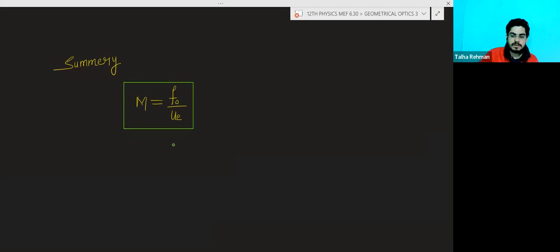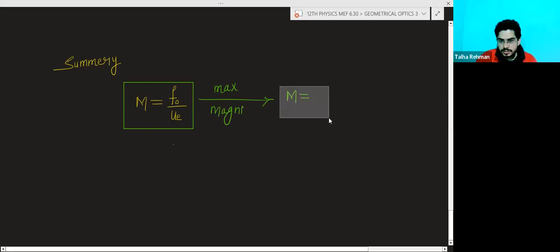Now for the maximum magnification, we have two cases. One is the case of the maximum magnification. First tell me what is the condition for the maximum magnification.